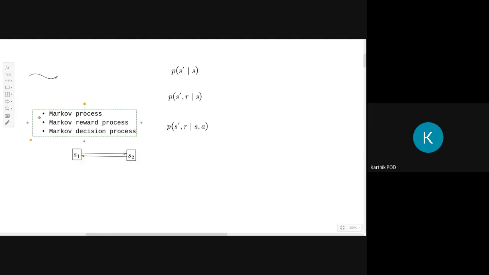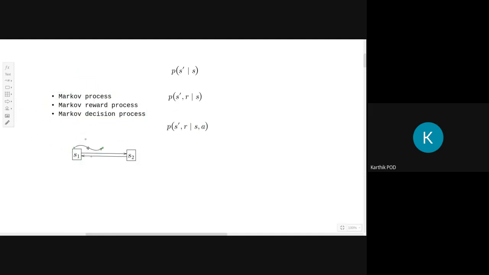Just add one self loop, and this should make sense, right? Likewise we'll have something for S2. Each one of these transitions will have some probability, so you can represent the whole thing using what is called a transition matrix, P. Say state one, state two as rows and columns.